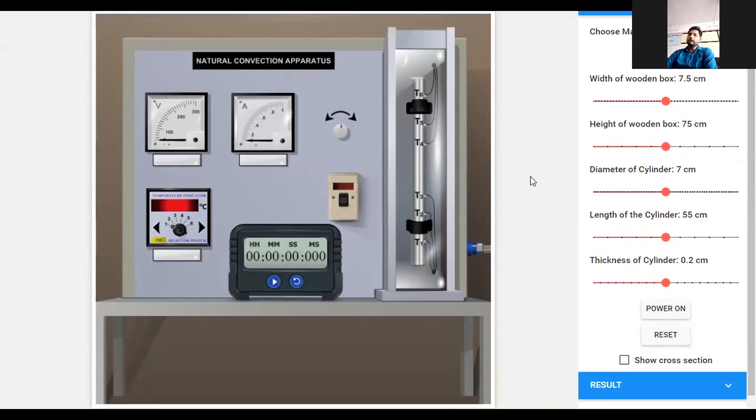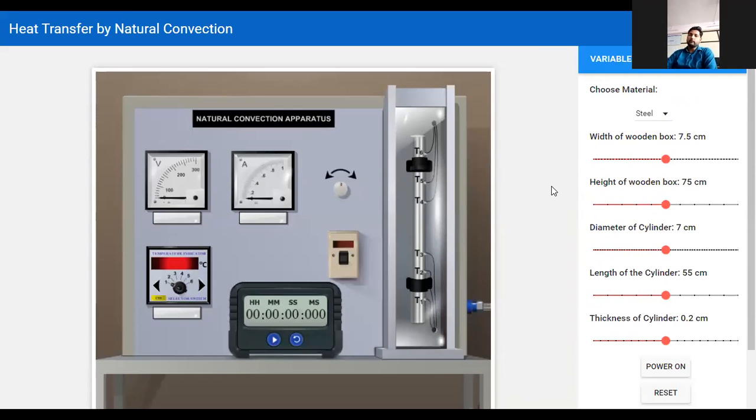Okay, now you can perform. No issue, you can perform. I have shared the link for the simulation, so you can select different materials and perform the experiments. And if you have any doubt or question, you can ask me.